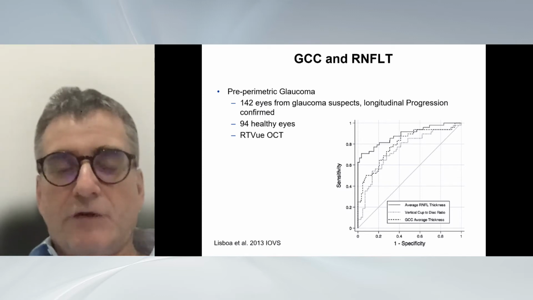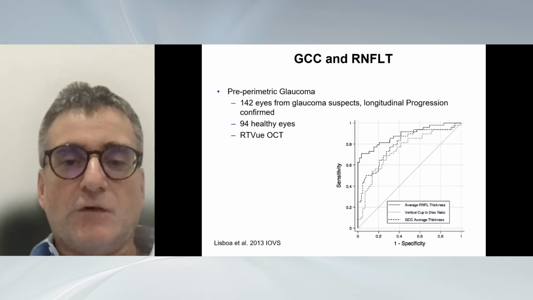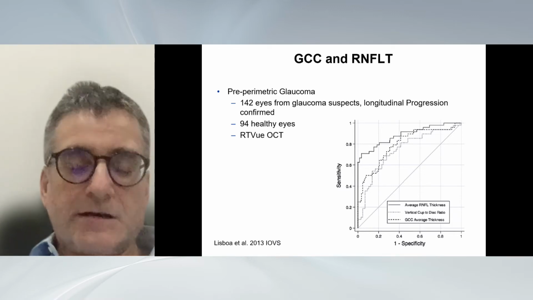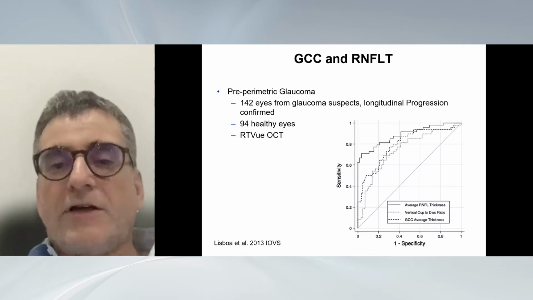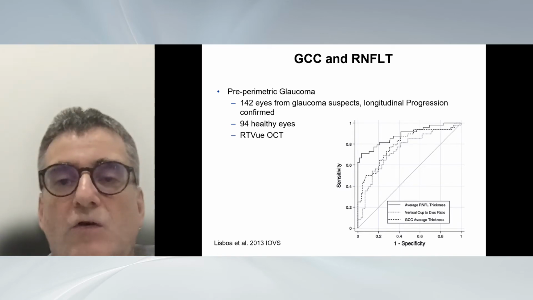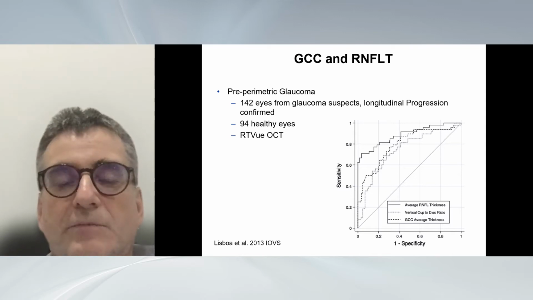Now the really important question is, how good is the diagnostic performance of OCT in detecting glaucoma? And this is an interesting study from the lab in San Diego that followed 142 eyes of glaucoma suspects longitudinally, and the longitudinal progression was confirmed.